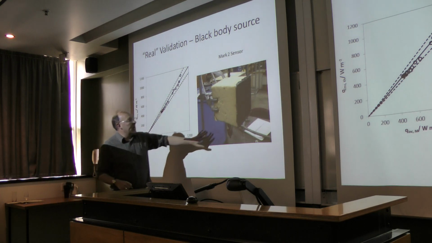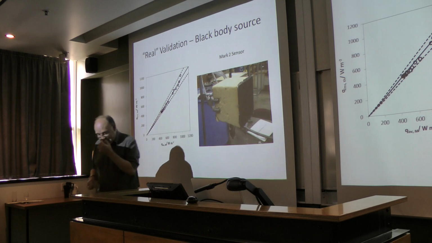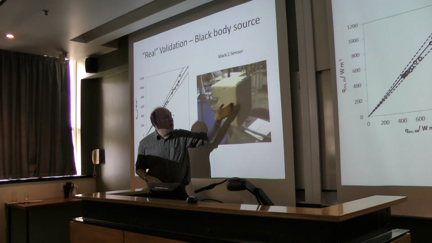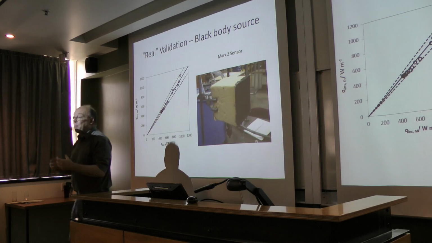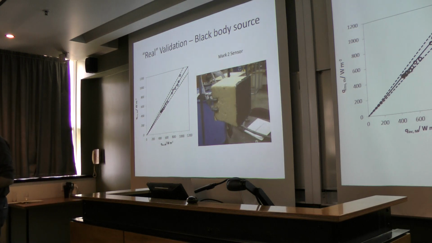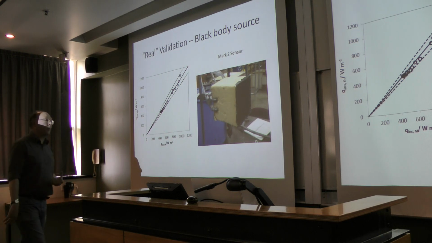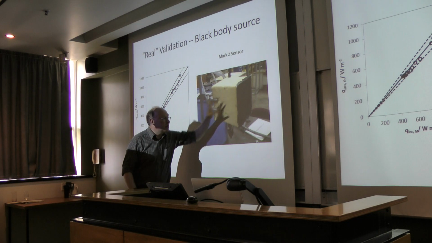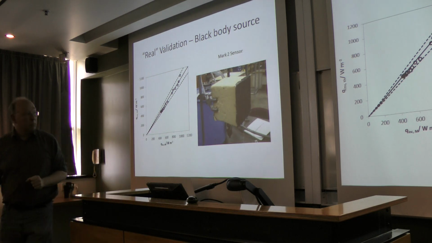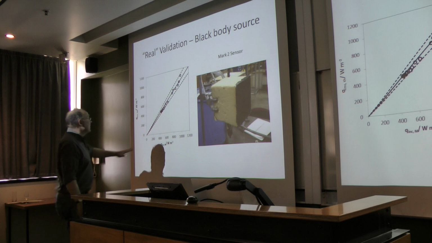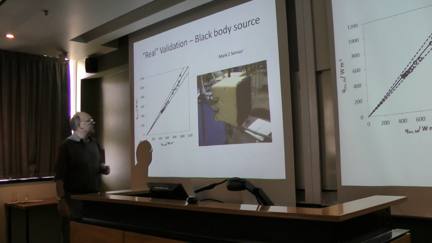I did this with a slightly different sensor. It's still a thermocouple, but rather than a steel plate, I'm using a piece of tin foil painted black, measured the emissivity, with a big chunk of polystyrene to give you the insulation. Those dashed lines are at 15% difference to the identity line.